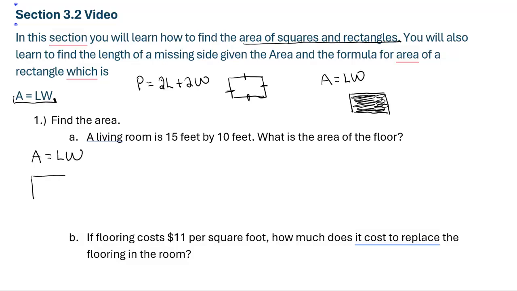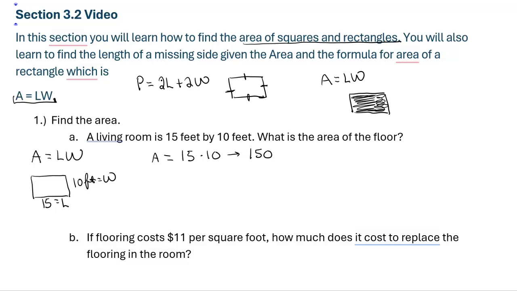So I'm going to draw my rectangle. I have 15 feet equals my length, and 10 feet equals my width. And now I can substitute in and solve for area. So I get area equals 15 times 10, and that gives me 150.